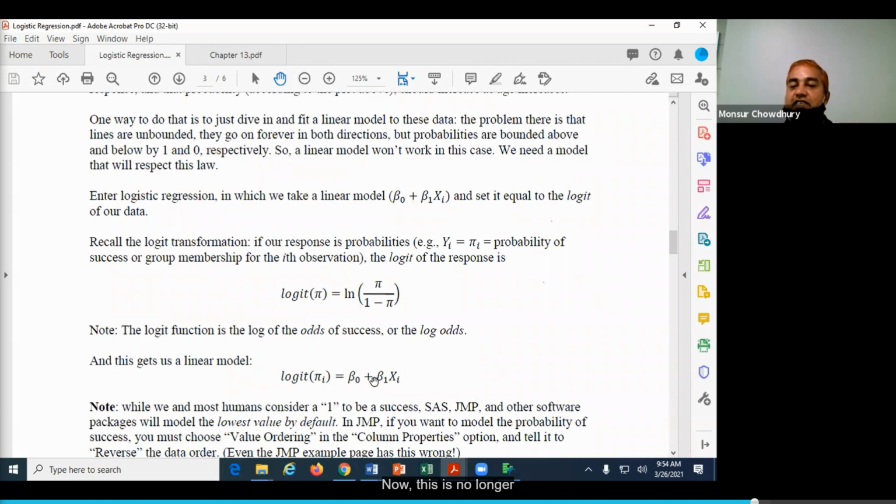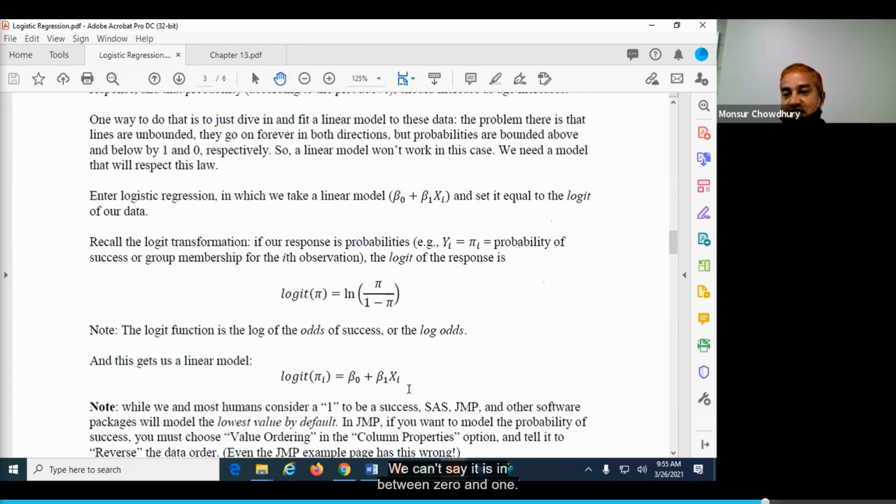Now this is no longer the linear form yi equals beta 0 plus beta 1 xi. Instead of yi, we use the log of yi divided by 1 minus yi, and we put the linear model in the transformed form, not the original form. The reason is that when you fit the linear model on the original form, it violates the condition that the probability should be between 0 and 1.